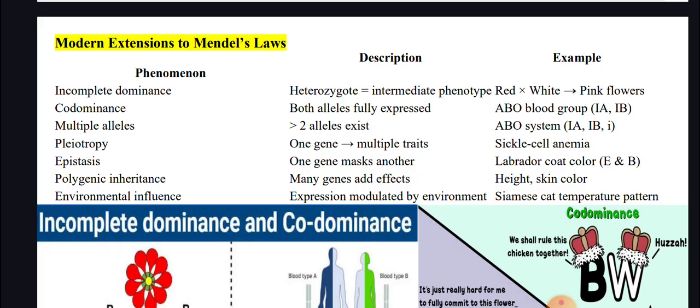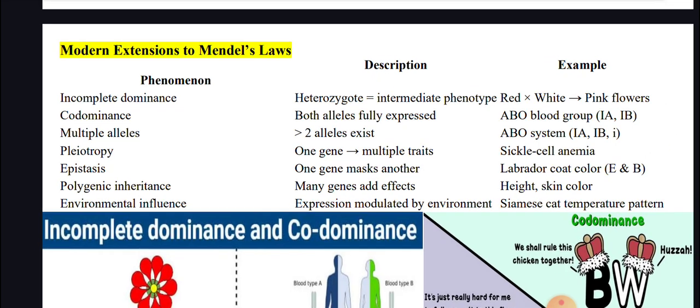It only folds correctly and functions properly at slightly cooler temperatures. So in the warmer core body, the enzyme is largely inactive, resulting in light-colored fur. But on the cooler extremities, the ears, face, paws, tail, the enzyme works, producing the dark pigment. The environment is literally switching gene product activity on or off in different parts of the body.